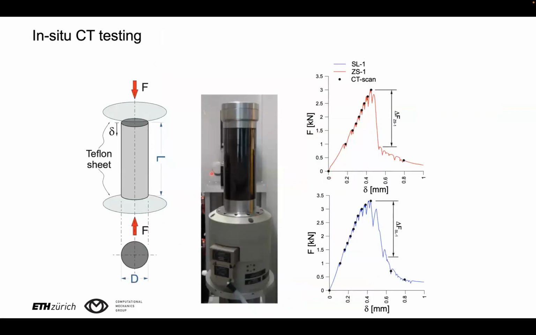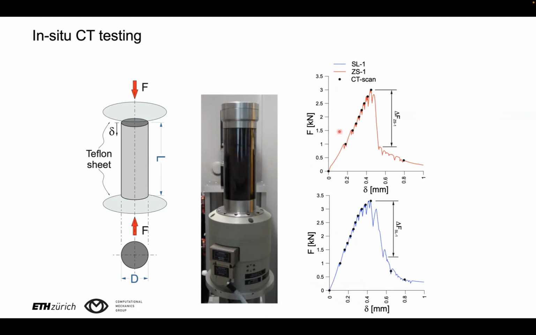On top of that, what we are making use of is the possibility to apply load to the specimen inside the tomograph. And this requires, of course, ad hoc testing machines. They need to be X-ray transparent. They need to allow for the rotation of the specimen and so forth.